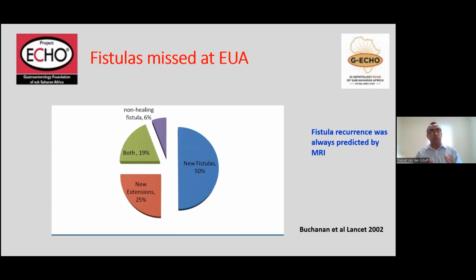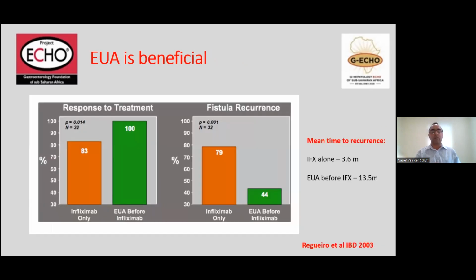So when the surgeon misses it, MRI was found to correctly predict a fistula most times, and also, if it was missed, a fistula recurrence. Once again, highlighting the importance of imaging in this context.